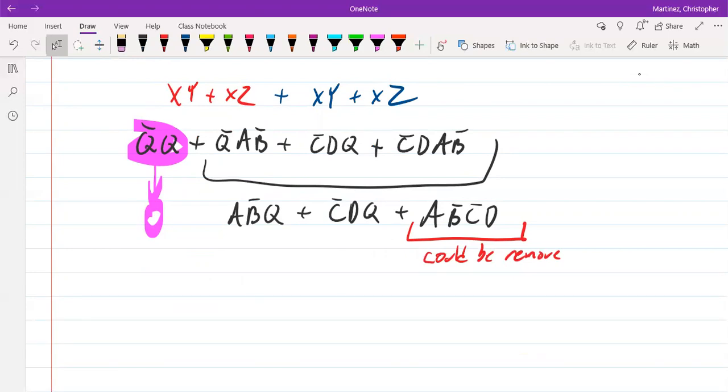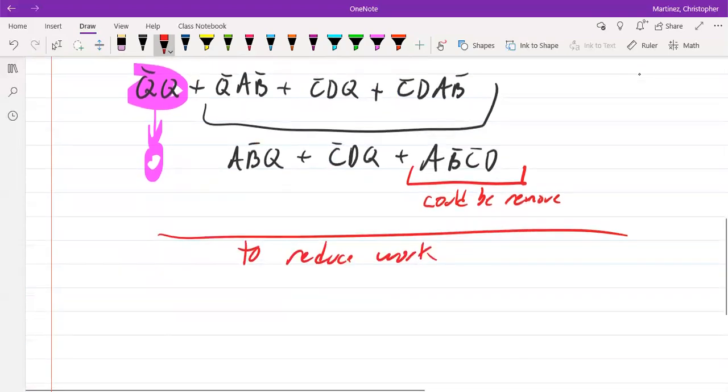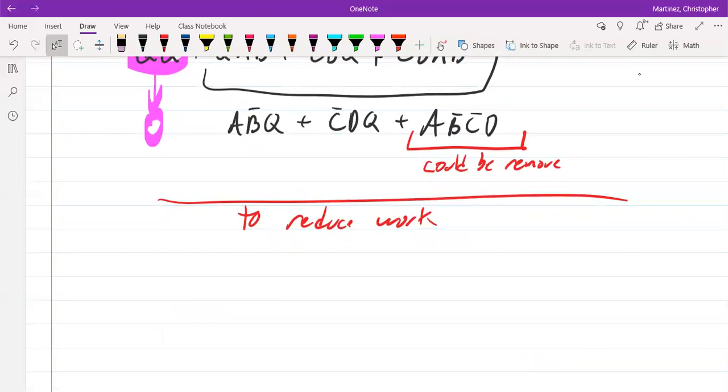But we did quite a bit of work here, and we want to see, could we reduce the amount of work that we needed? To reduce work, we want to look at a different principle. We want to look at our multiplying out theorem.